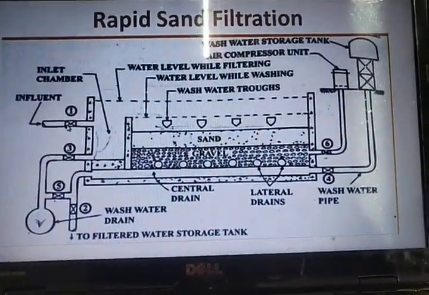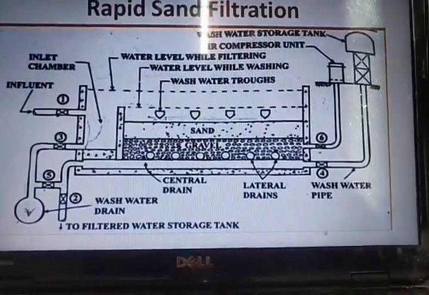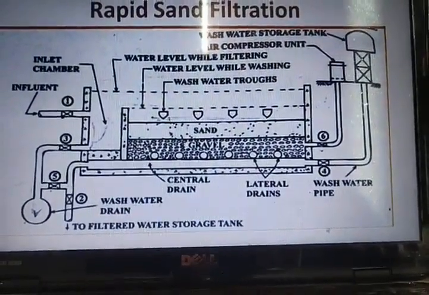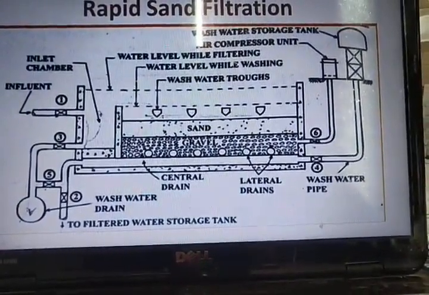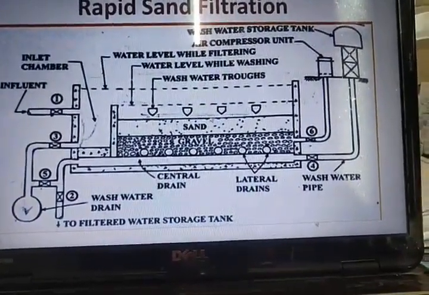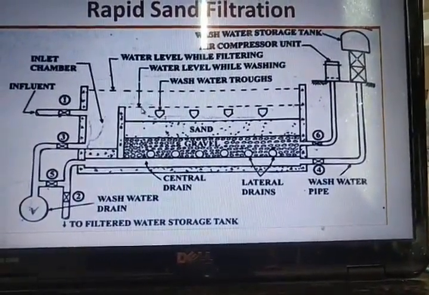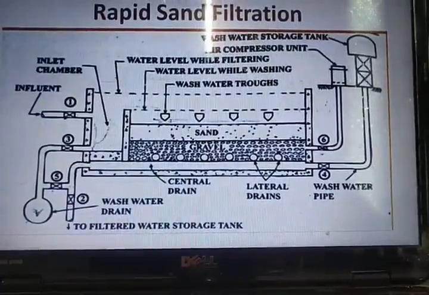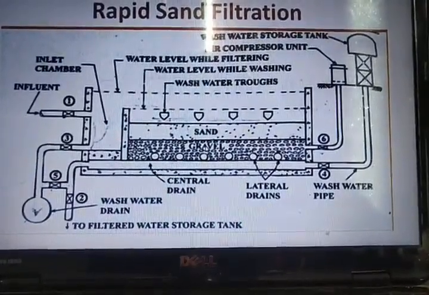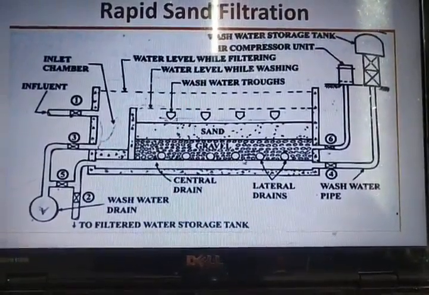Here is an inlet chamber wherein the water is let inside through this inlet. After passing through the process of coagulation or flocculation, the water enters this inlet chamber, and then the water will enter the filtration system. This is the level of the water during the backwashing, and this is the layer of sand, and below this you will have the gravel, and below the gravel you can see the round cross sections here.